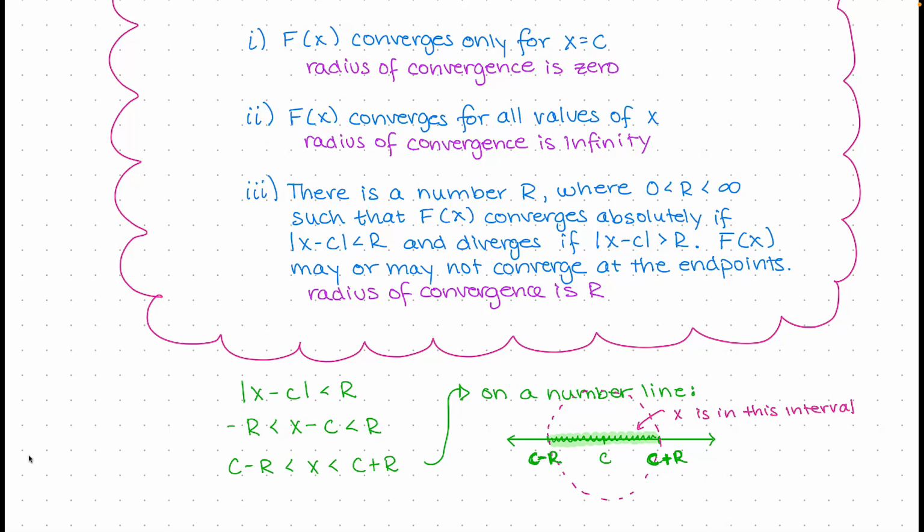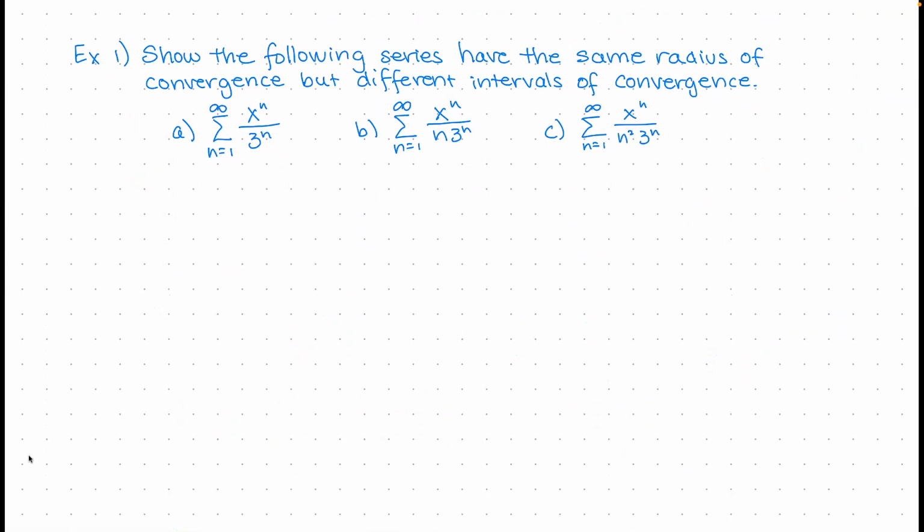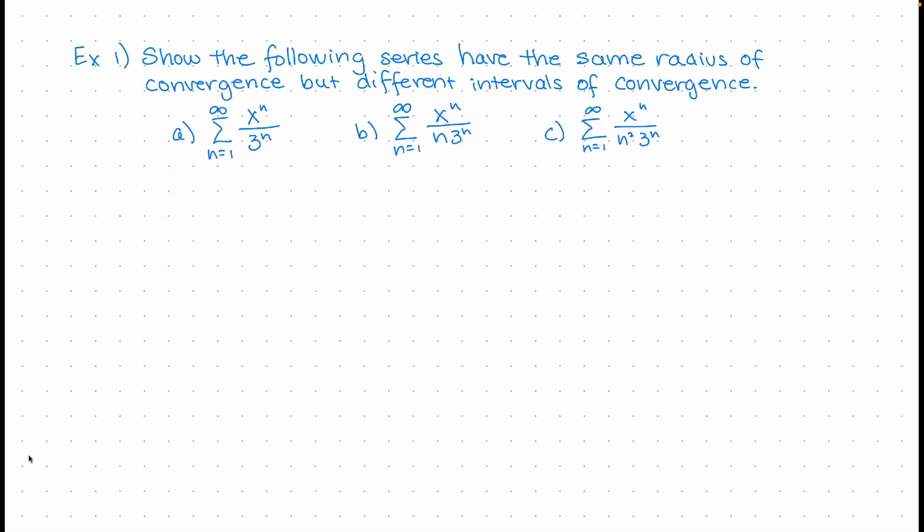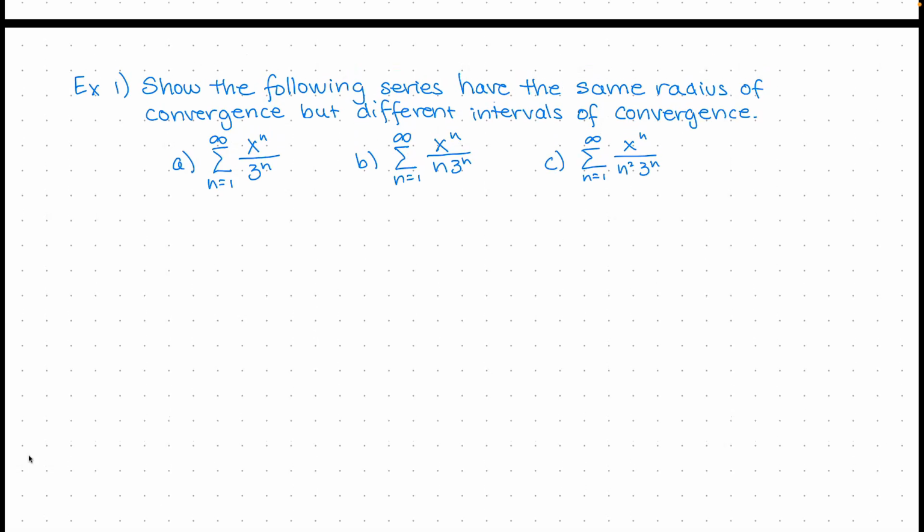Okay. So let's take a look then. Here is our first example. I will let you write that down. We've got 3 different series that we're going to work with, 3 different power series. We're going to show that the radius of convergence is the same, but the interval of convergence is different. What? It's crazy.